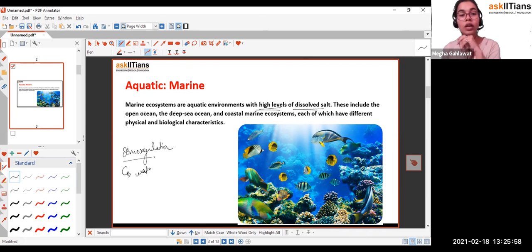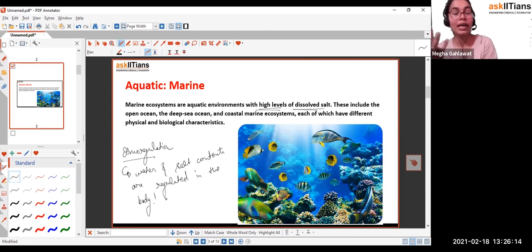So water and salt contents are regulated in the body. That is done with the help of multiple organs which are present in the body, and we'll be learning more about those in the next higher standards.